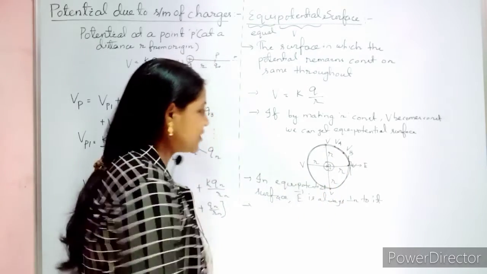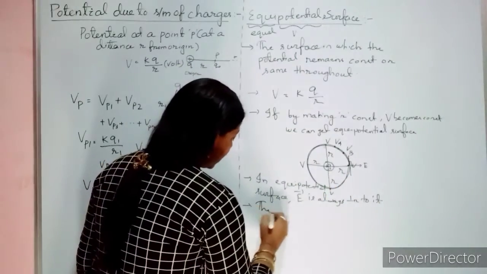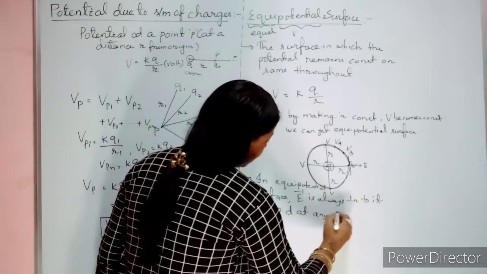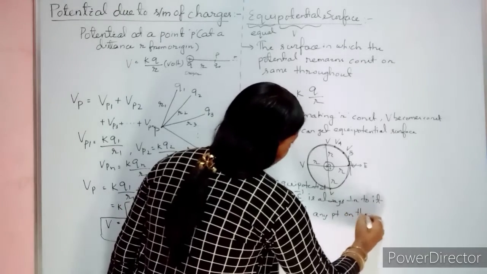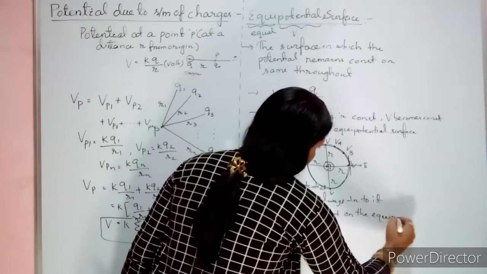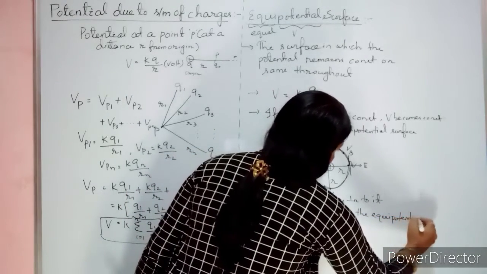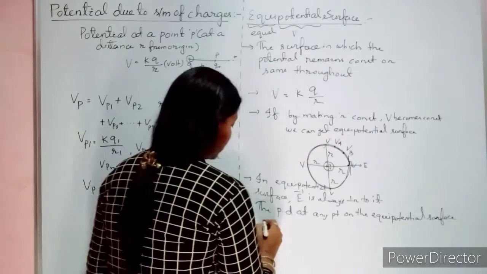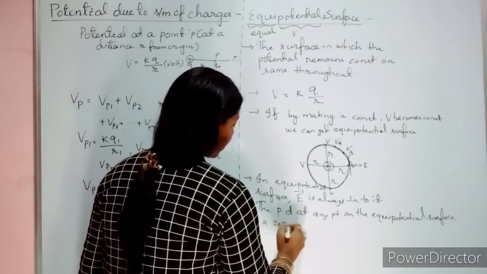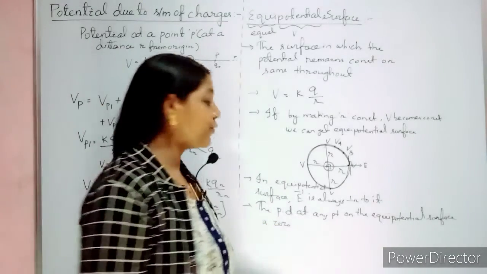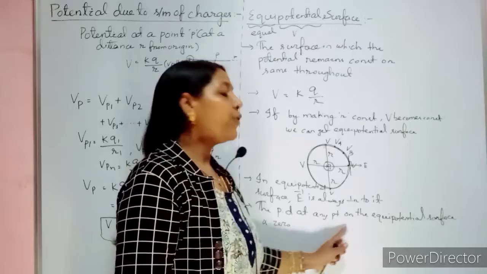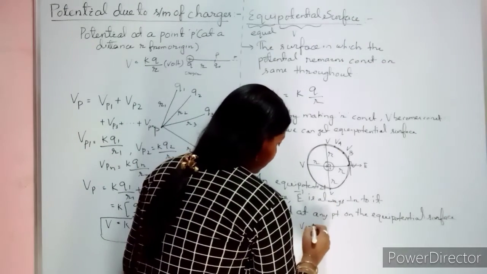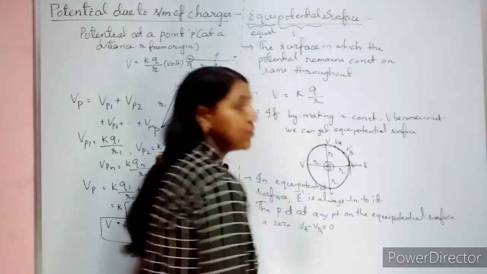Clear? So what is your next point? The potential difference, PD, between any two points on the equipotential surface is 0. You can mention this in the diagram and write VA minus VB equal to 0.